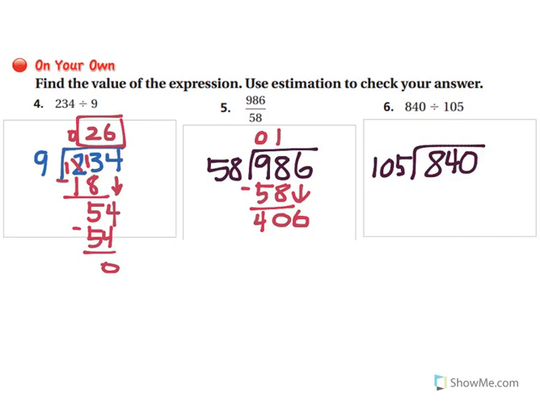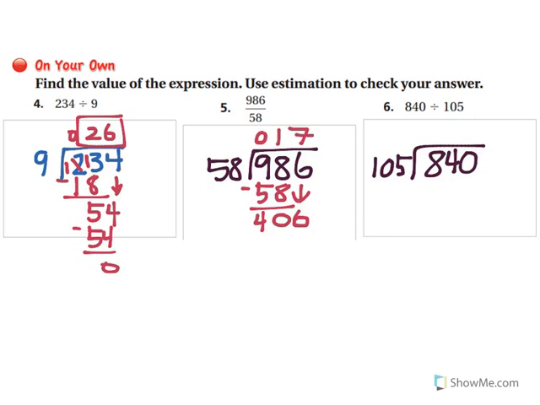So we can do 60 times 1 is 60, times 2 is 120, times 3 is 180, times 4 is 240, times 5 is 300, times 6 is 360, times 7 is 420. I'm going to go with 7 because 58 is less than 60. We'll try 7, see how it works.